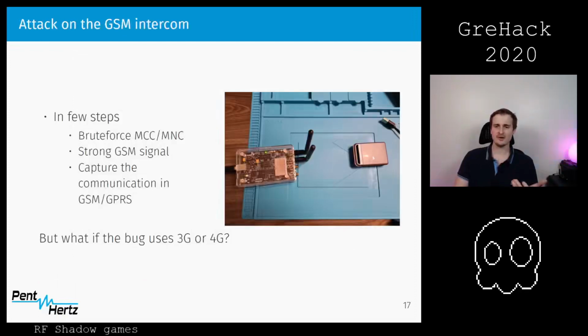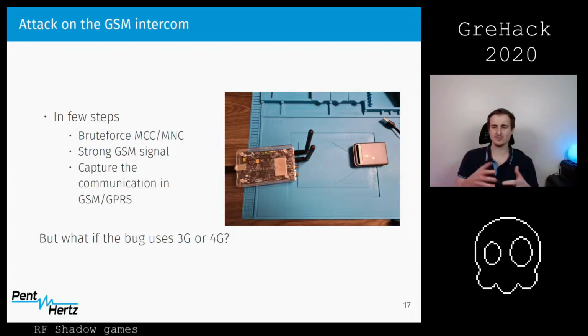For example, here I was using a BladeRF, and the box on the right was a simple GPRS tracker. By using the appropriate MCC-MNC, that means the exact PLMN code used by the SIM card of this device.